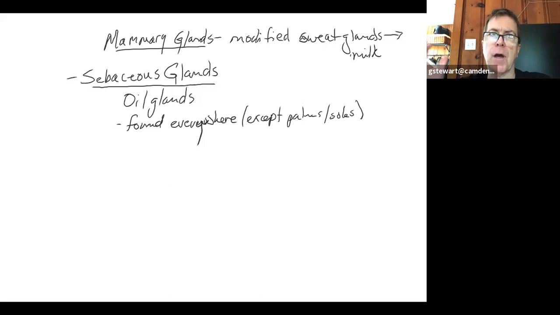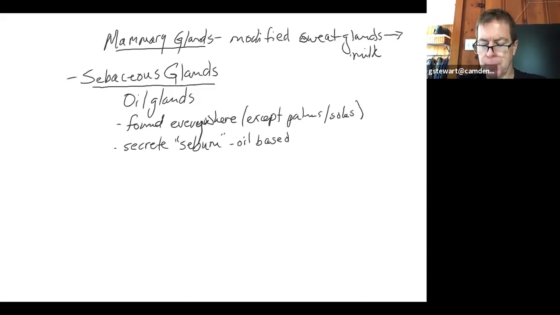And they congregate. We have high concentrations of them, particularly on the face, neck, and the upper chest. These glands secrete a substance called sebum, which is an oily-based substance, not a water-based substance. The cells burst when they're destroyed during secretion, so these are called holocrine glands.